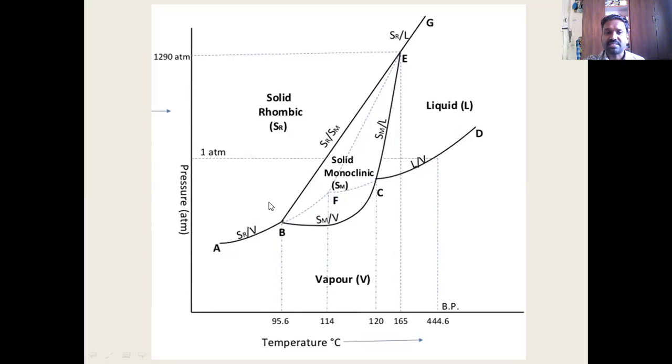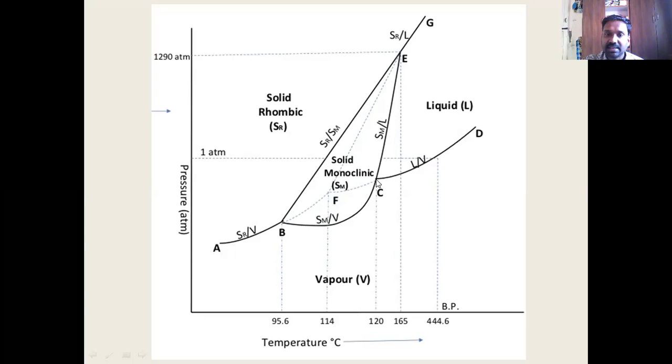So these 3 phases are in equilibrium at B. So B is a triple point. E is also a triple point. Why? Because 3 phases are existing here. Which are those 3 phases? Rhombic, monoclinic, liquid. At E, this is the rhombic sulfur phase, monoclinic sulfur phase, and the liquid phase. 3 phases are in equilibrium.